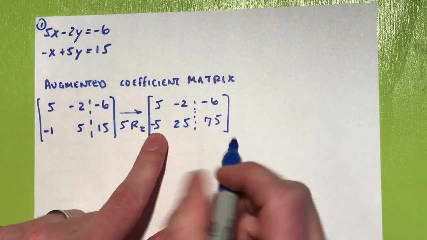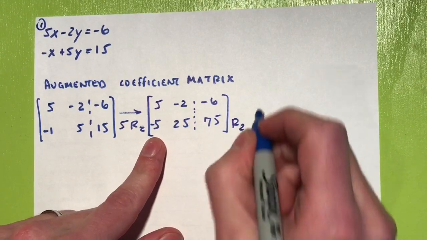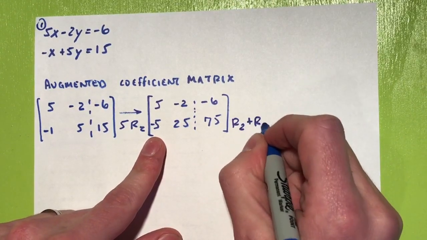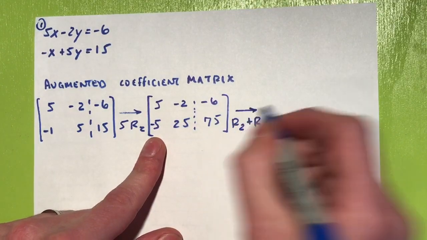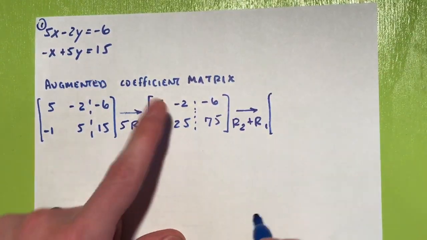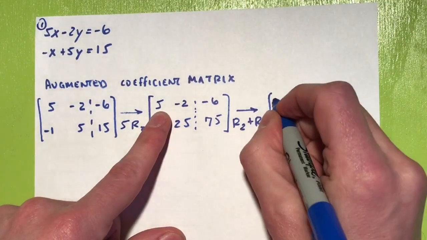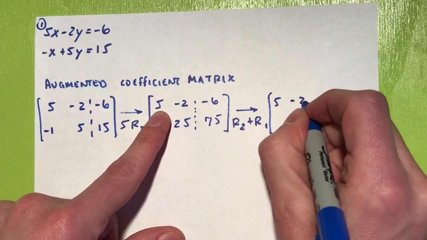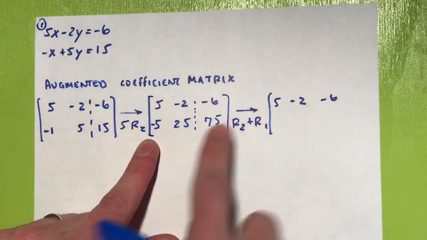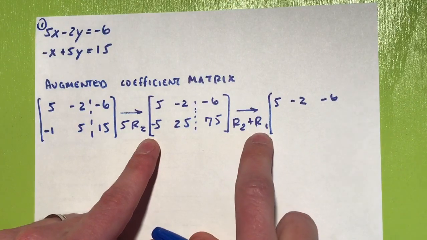My next move, I'm going to take row 2 and replace it by adding row 1. Row 1 does not change, so that's going to stay 5, -2, -6, but row 2 is going to add row 1.